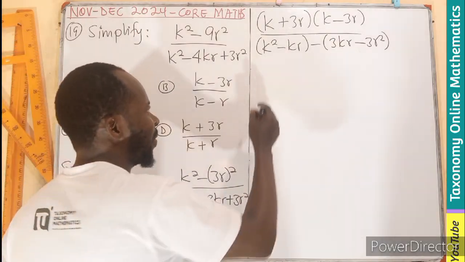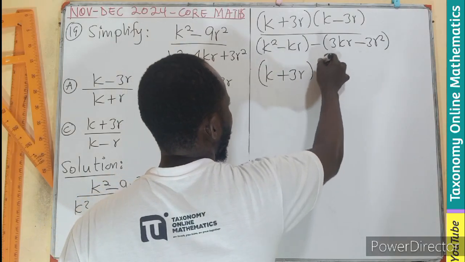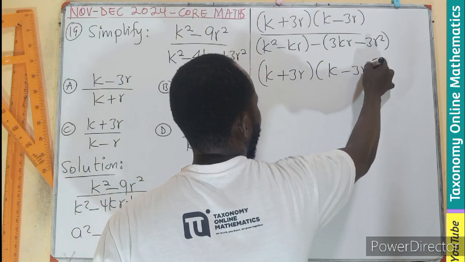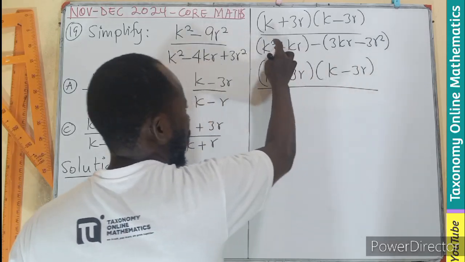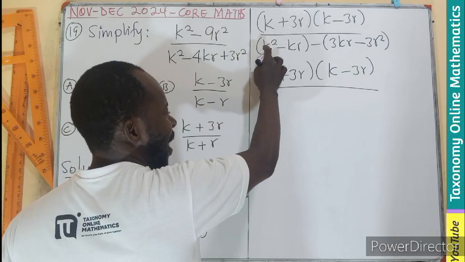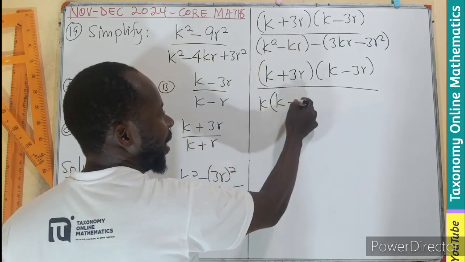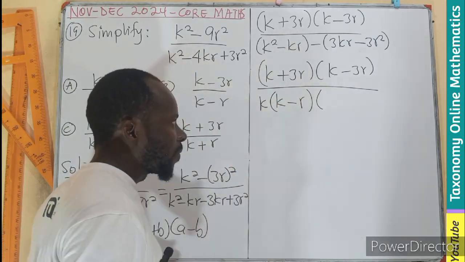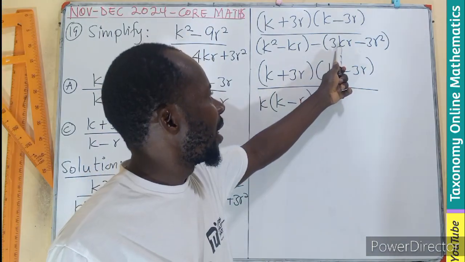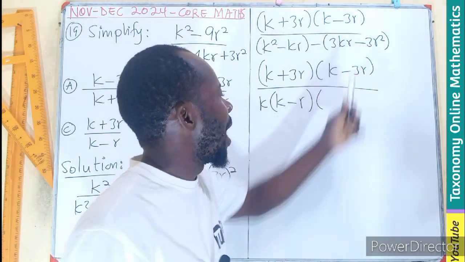So the numerator still remains k plus 3r, k minus 3r. We factorize. The common factor between these will be k. When divided by k, you are left with k. Divide kr by k, r will be left. Common factor here is going to be 3r.